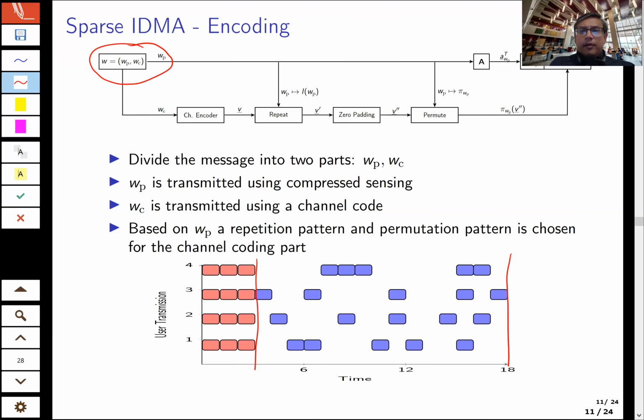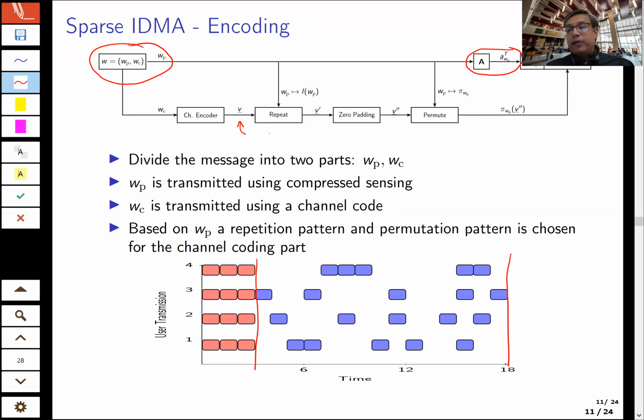And we convey the preamble part through compressed sensing, just like what we did before, and that forms the first part of the codeword. Now, the second part of the information, WC, is encoded by a channel encoder, just like what we did before. And we take the output of the channel code, we repeat the bits instead of the entire codeword.